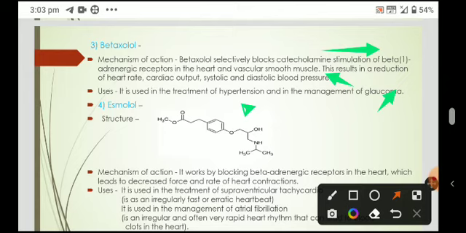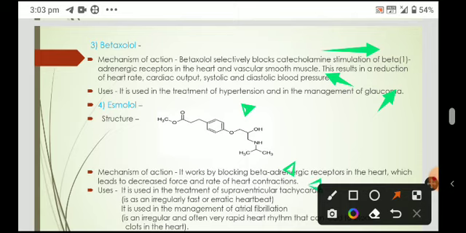The fourth drug from this category, the beta adrenergic blocker, is esmolol. Structure as I have shown here. Mechanism of action: it works by blocking the beta adrenergic receptors, especially in the heart, due to which there is a decrease in the force and rate of heart contraction.